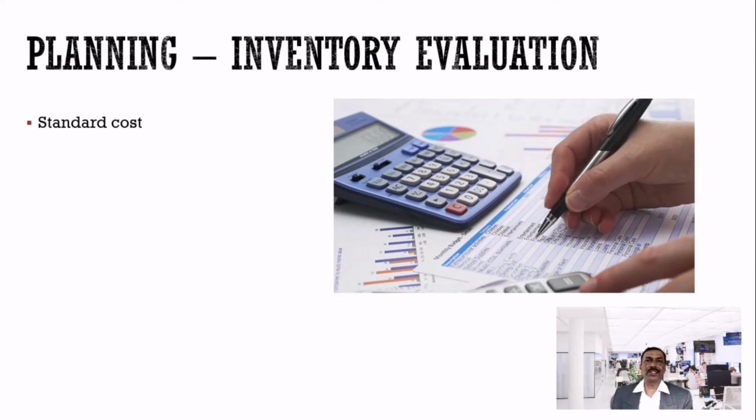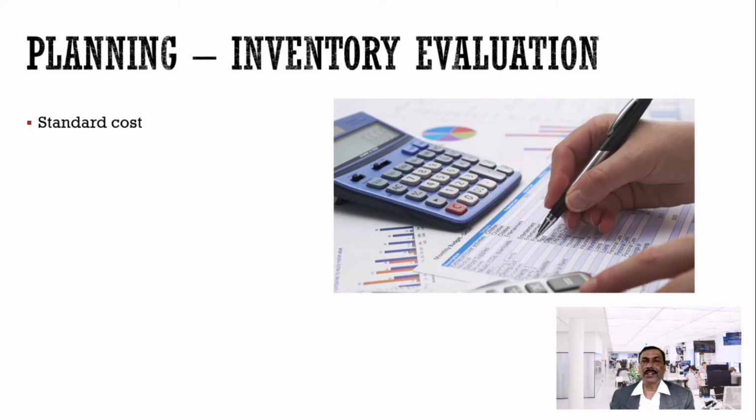One is called standard cost. This is what most organizations use. In the standard cost method, we estimate the cost of the item, and accordingly keep that price as the inventory price. Your purchase price may be 80 rupees or 120 rupees, doesn't matter, but my estimation for that component is 100 rupees.